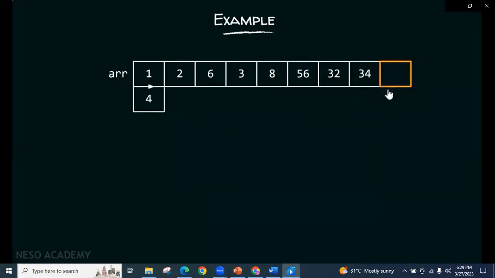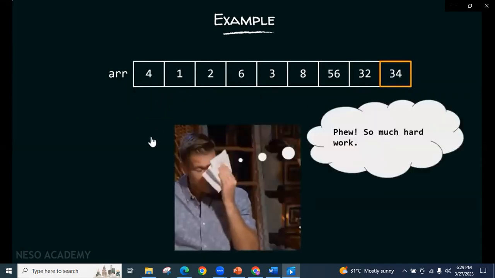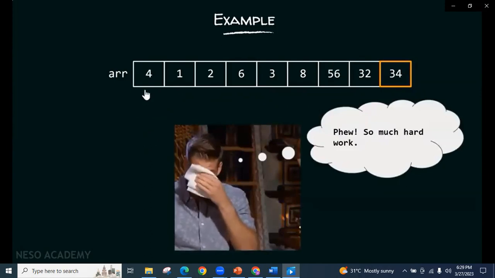Now we will shift all the elements towards the right so that there is an empty slot at the beginning. Then we can easily add our element at the beginning of the list. There is so much hard work. Adding an element at the beginning of an array is a very difficult task. We have to shift our elements towards the right and then we can add our element.